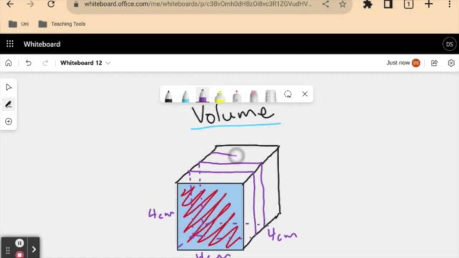And this is where area and volume are related. Because in all prisms, we have what is called a cross-sectional area. So an area that's maintained all the way through our shape.